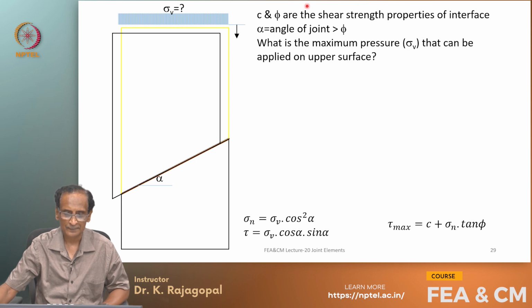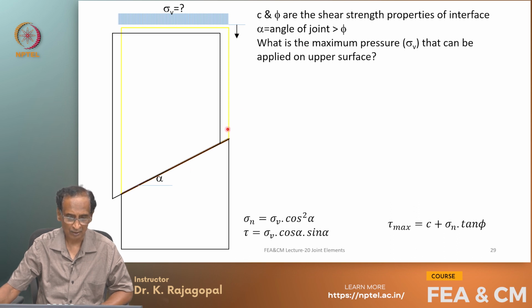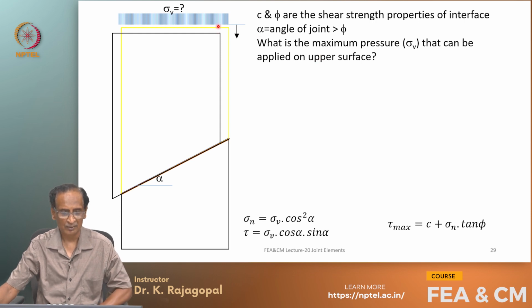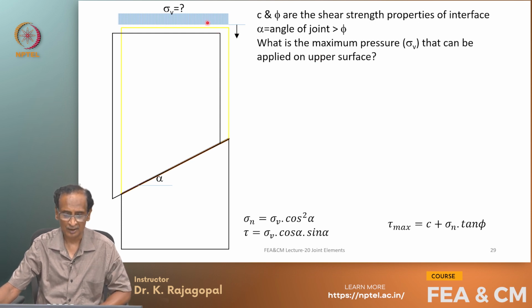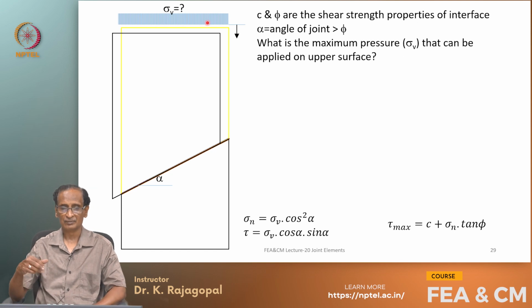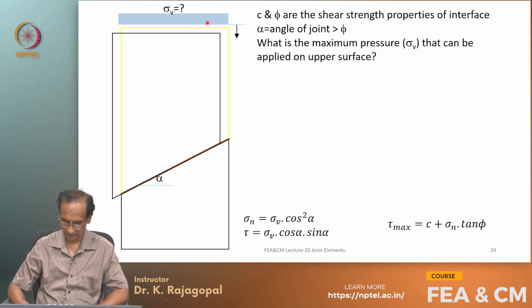The C and phi are the shear strength properties of the interface, and alpha is the angle of the joint, and that is greater than phi, and we would like to know what is the maximum pressure that we can apply without failing this interface.